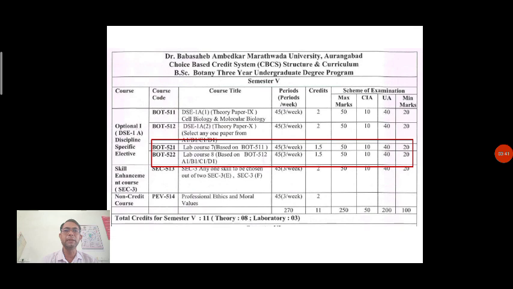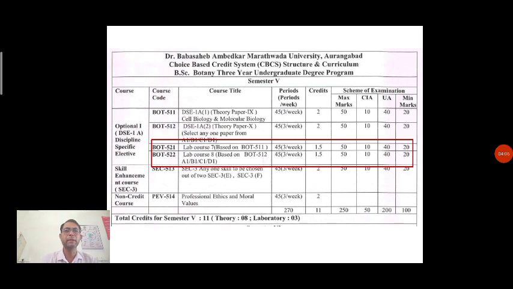Another is the non-credit course. This non-credit course is professional ethics and moral values. This is a special subject. Again this has 45 lectures per semester, and it has 2 credits. So it doesn't have any marks or mark distribution.